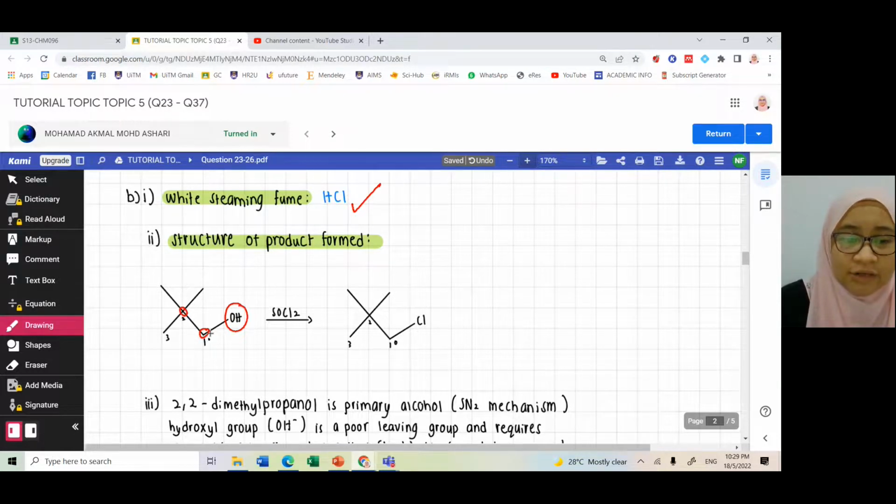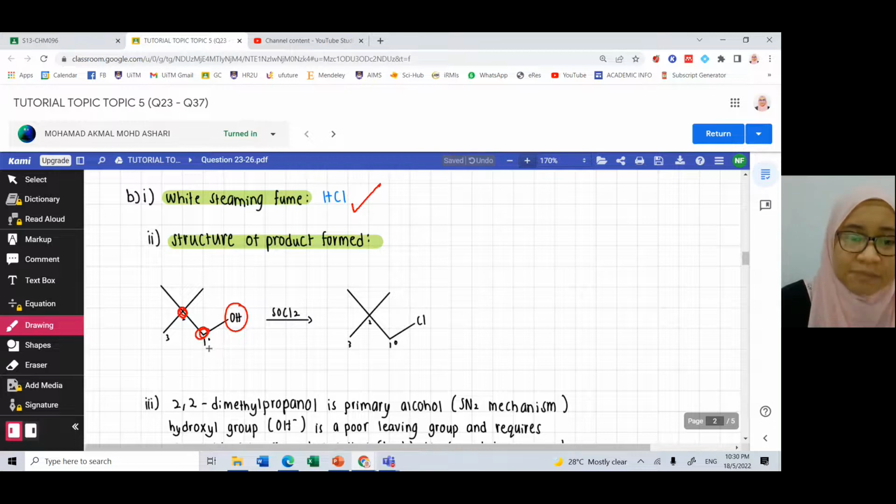Don't get confused with this group here. You must focus on the functional group and then focus on the carbon that is directly attached to the functional group. So this is the carbon involved. So this carbon is only attached to one carbon. So this alcohol is a primary alcohol.